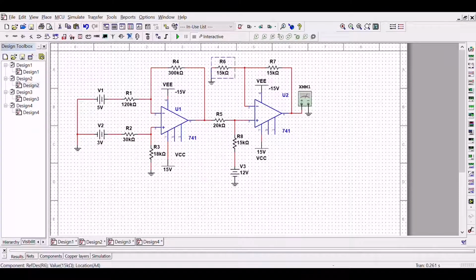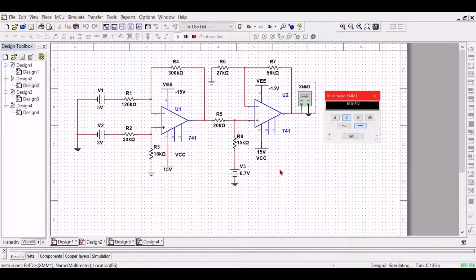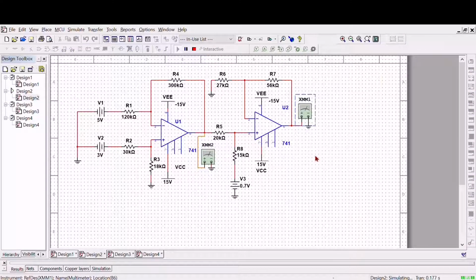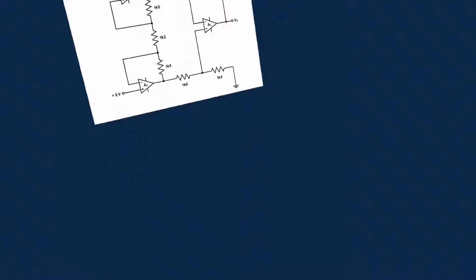The voltage that I got from the multimeter is negative 10.015 volt. And here I forgot to insert the multimeter at the VO1, so the VO1 that I got is negative 8.54, which is same as the calculation.